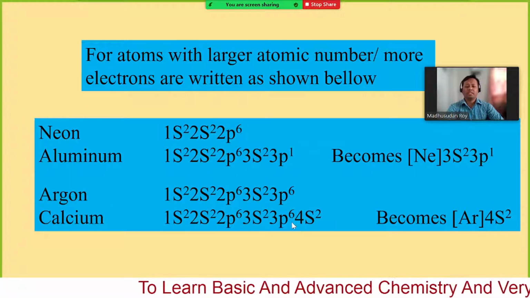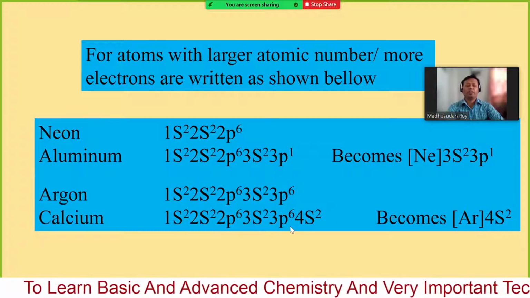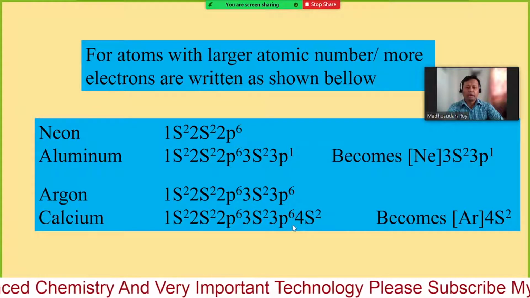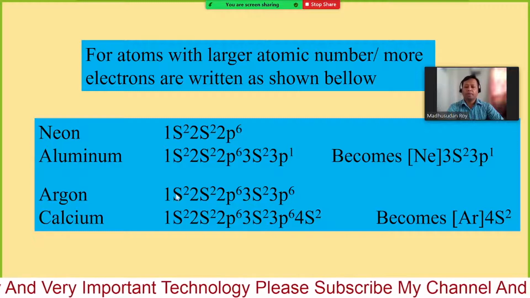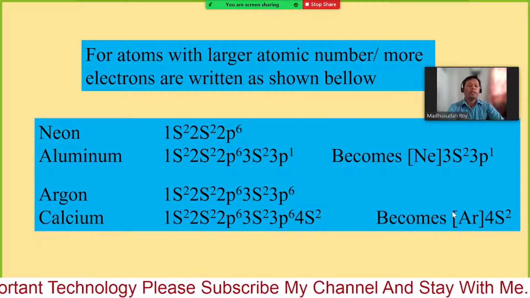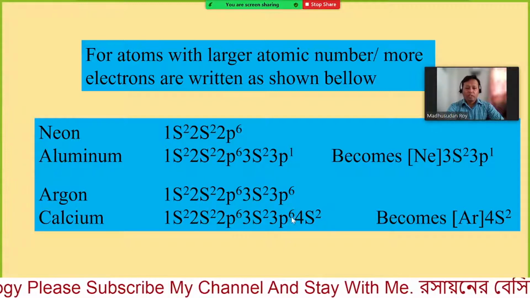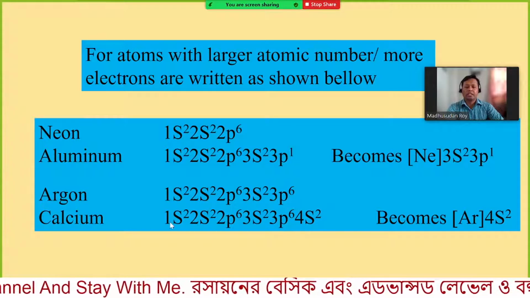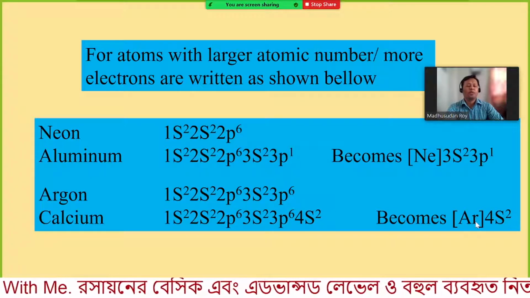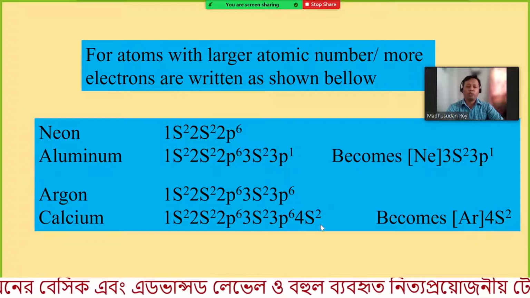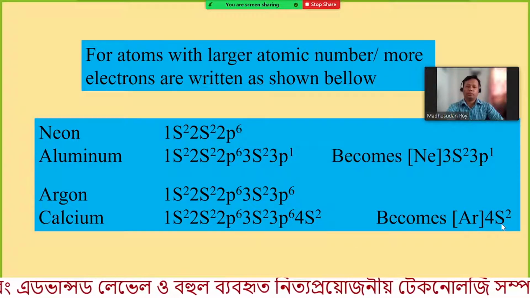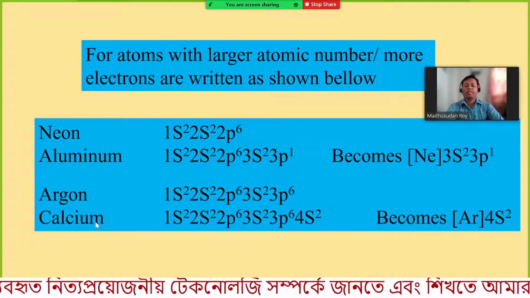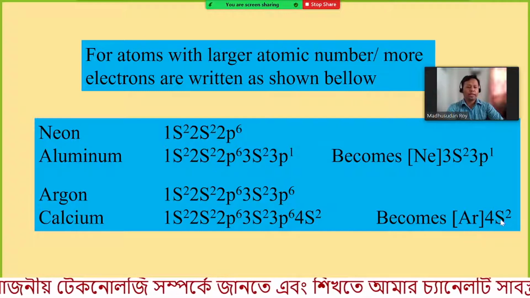Instead of writing all of this, you can replace this part up to 18 by just the argon symbol in a square bracket. Then the rest of the part is 4s2. Therefore, calcium can be written as argon in square bracket and then 4s2.